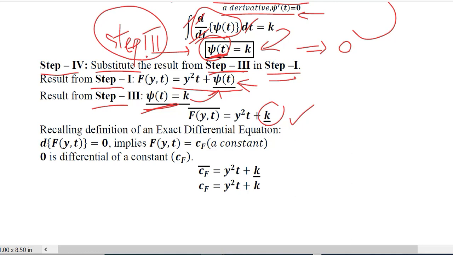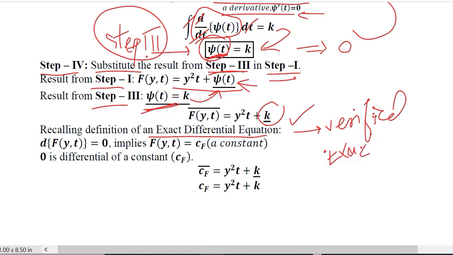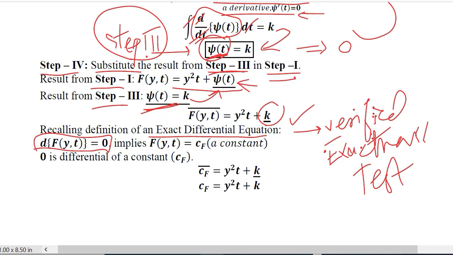Now, since it is an exact differential equation, we just verified by using the exactness test that you saw in the first part of this video. So, we can safely assume that the differential of this function, which is here, will be equal to 0, because it is an exact differential equation.